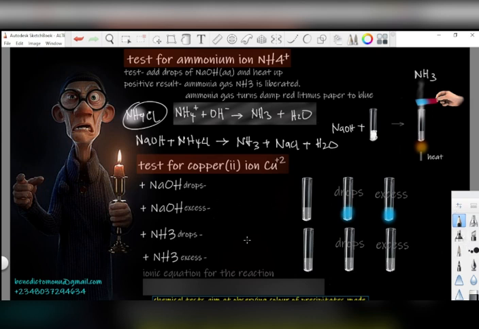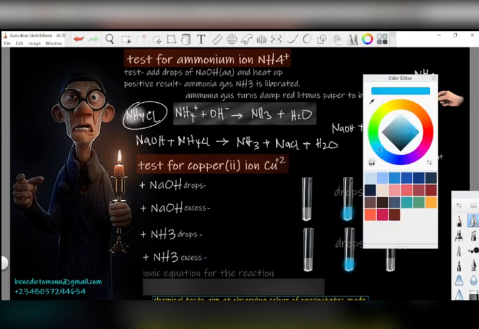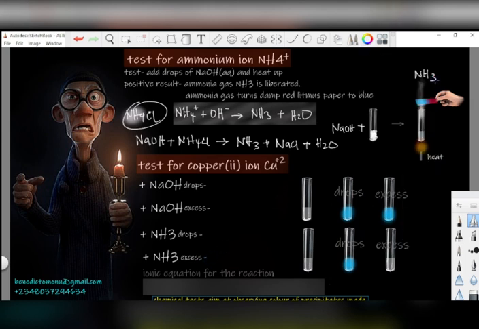Now let's look at the case of ammonia. When you add drops of ammonia to the sample, you also get a light blue precipitate. But when you add excess of ammonia, something now happens. It will turn into a dark solution.